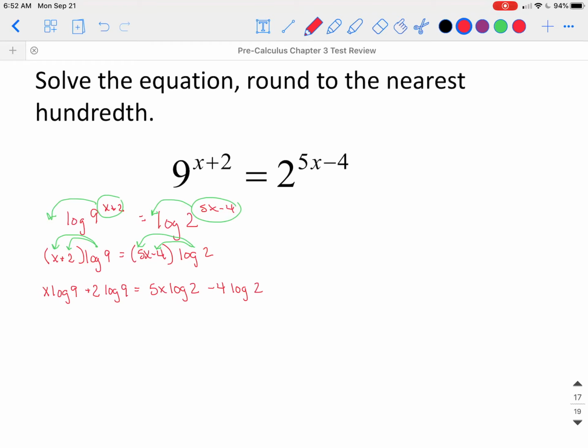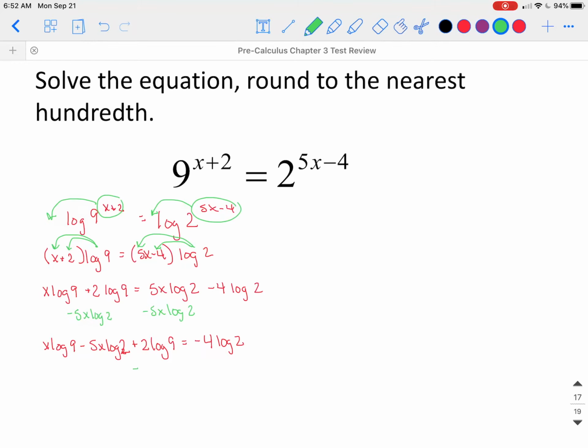We're solving for x, so we want to get all the x's on one side, everything else to the other. So first we're going to subtract that 5x log of 2 from both sides. So that's going to leave us with x log of 9 minus 5x log of 2 plus 2 log of 9 is equal to negative 4 log of 2.